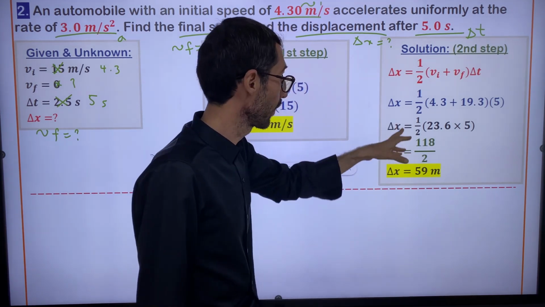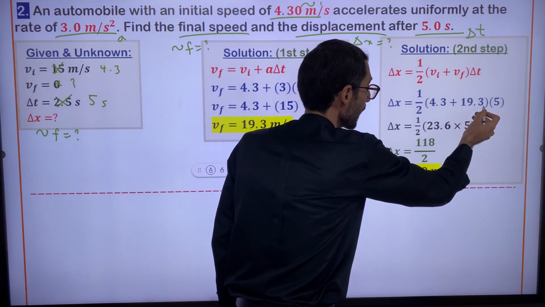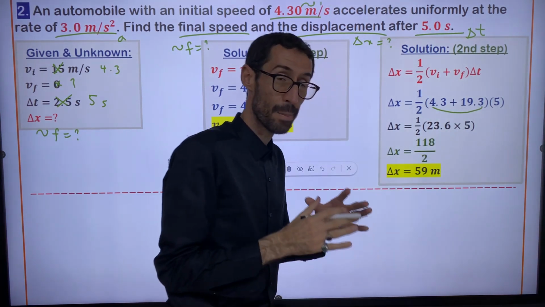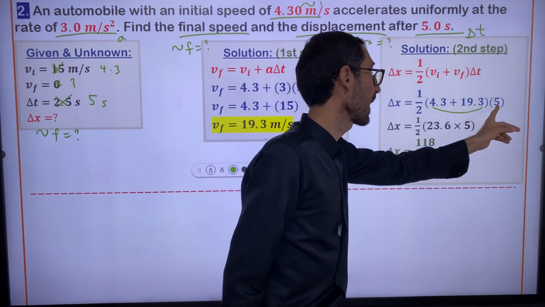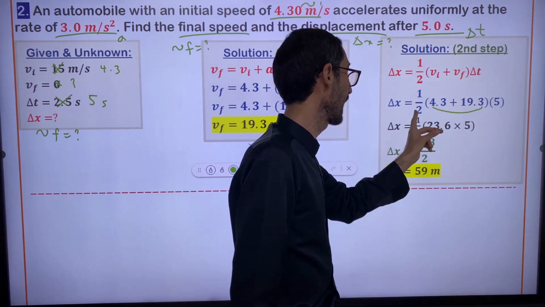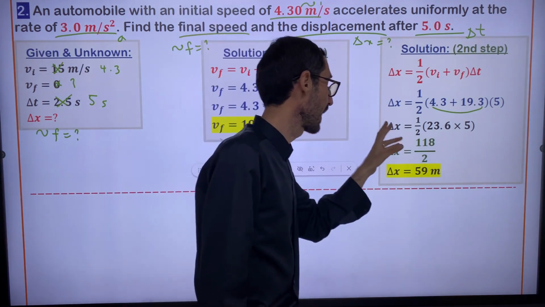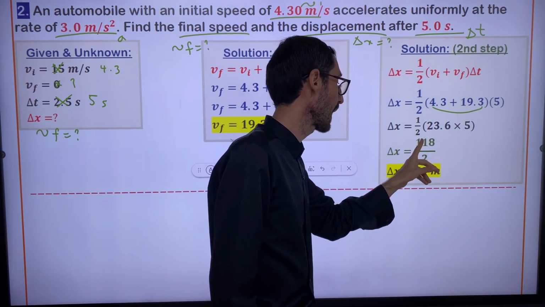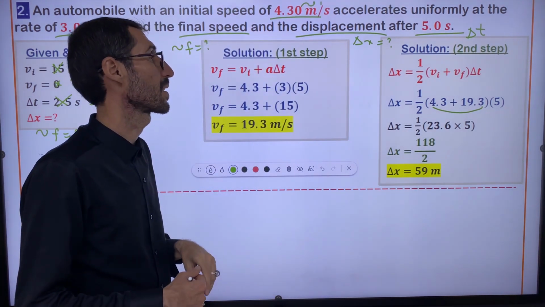I want you to add these numbers up together within the bracket, multiplied by 5, and the result divided by 2. That's why the answer, 118 divided by 2, will be 59 meters.